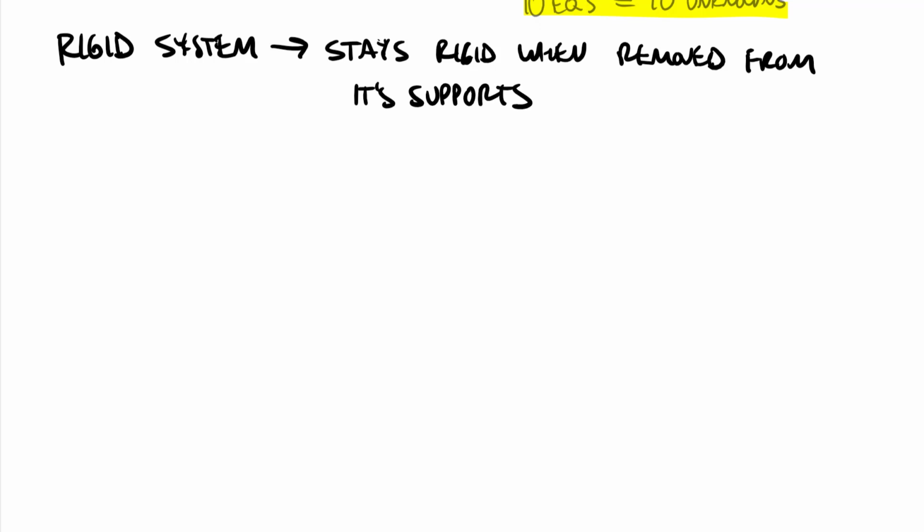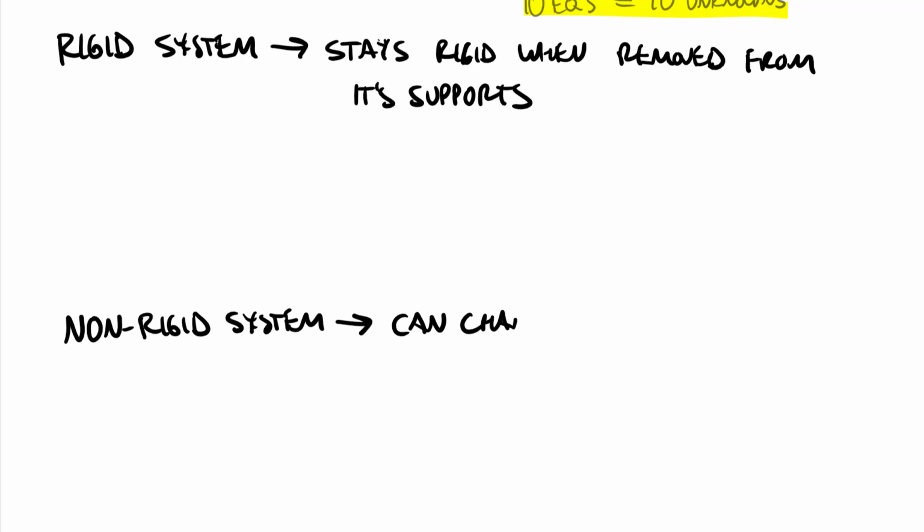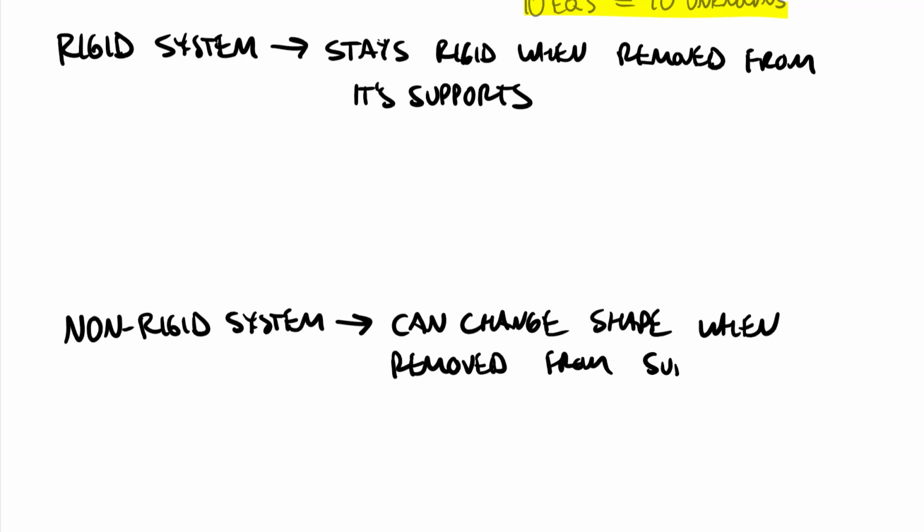So obviously to contrast that with a non-rigid system, leave a little bit of space there. I'm going to put some drawings in between. And in a non-rigid system, it can change shape when removed from supports.